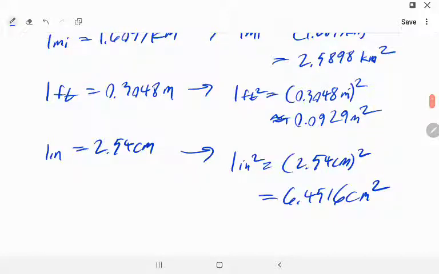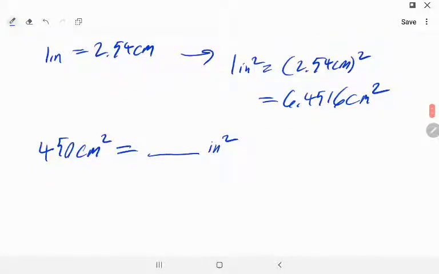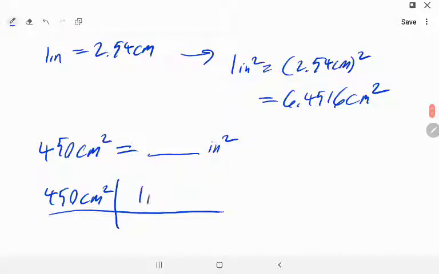I don't think we'll do the calculation on this, but if we wanted to take, say, 450 square centimeters and convert that to square inches, we would start with the 450 square centimeters, and then 1 square inch is 6.4516 square centimeters, again the unit square way.